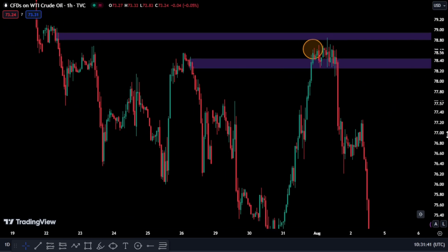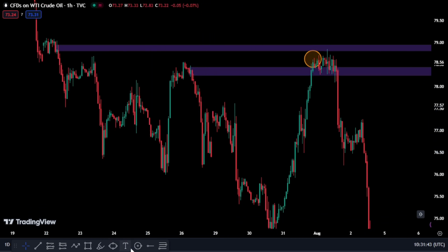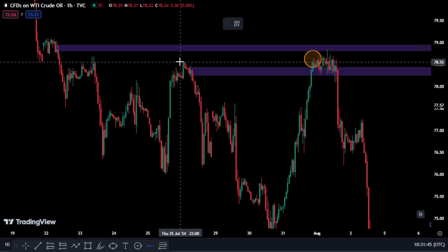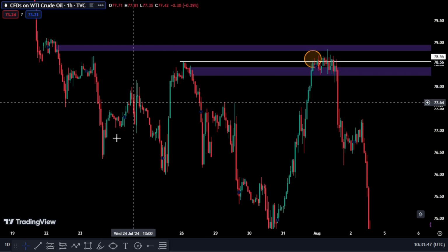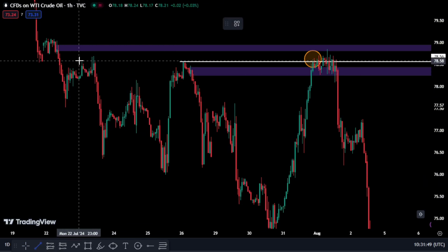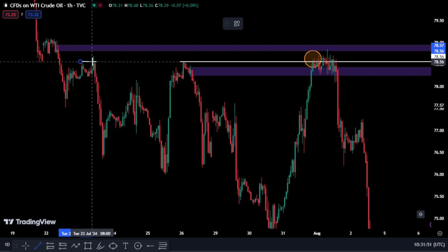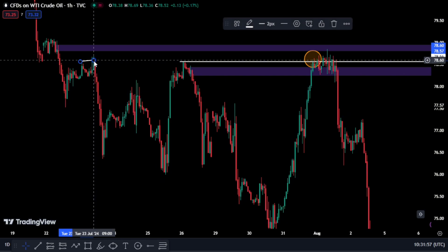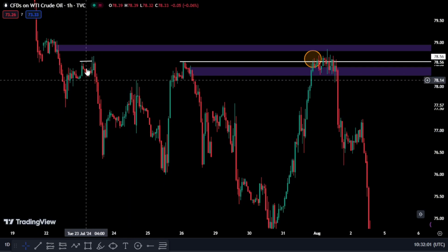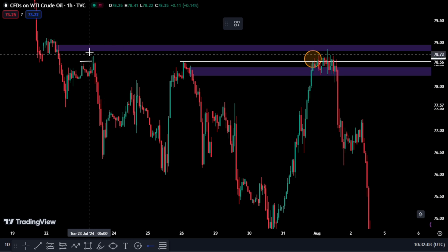I will explain my reasons for actually taking that trade. We have a sweep of liquidity here, checked. Remember, it was the second time I was actually trading the setup. It happened the first time too. We have a sweep of liquidity, we have a protected high.